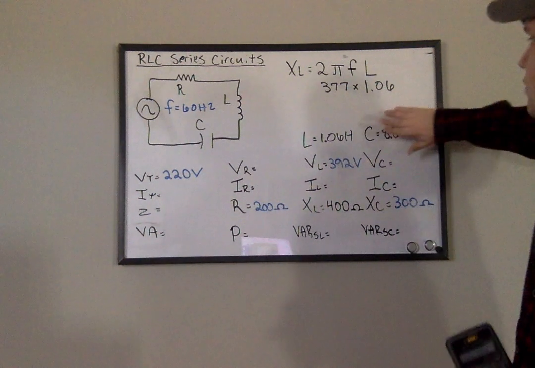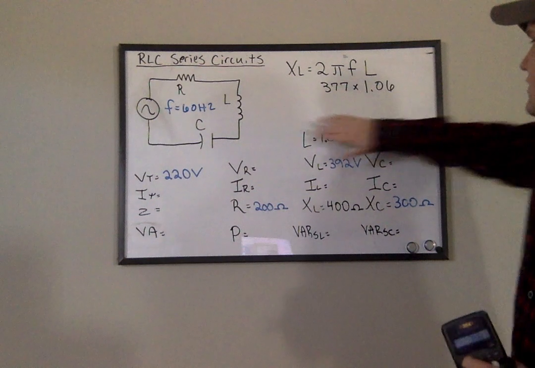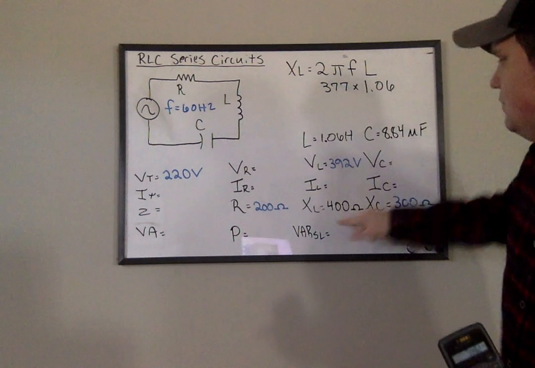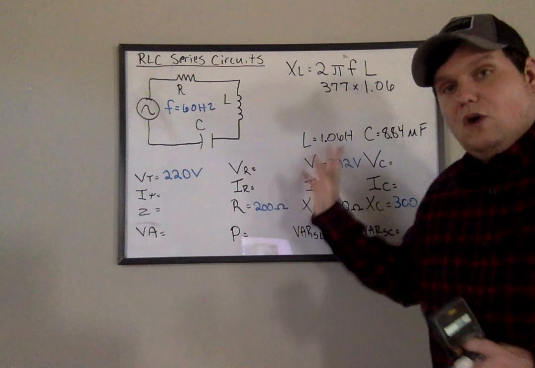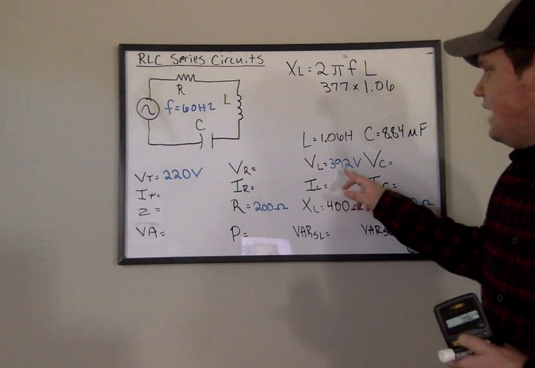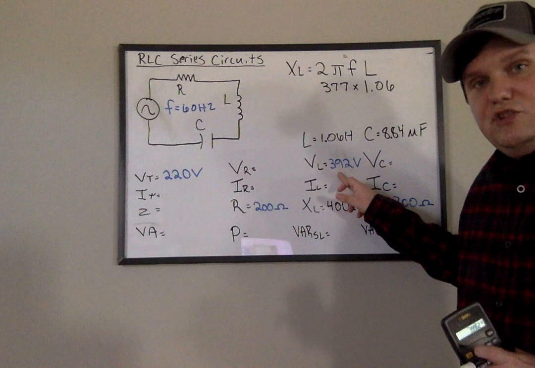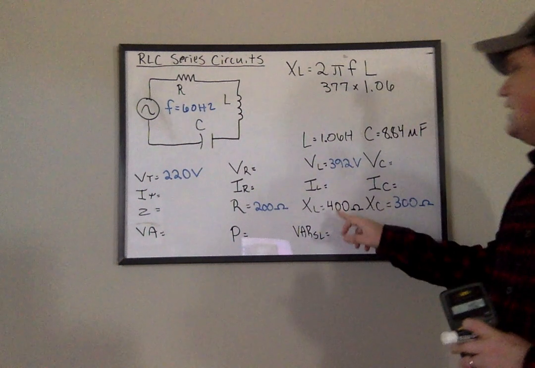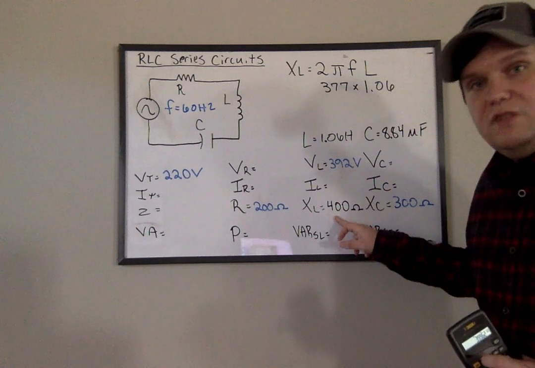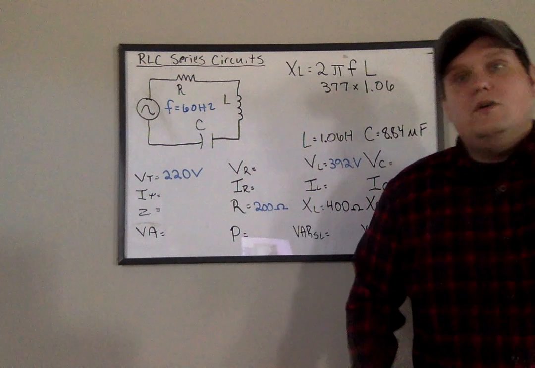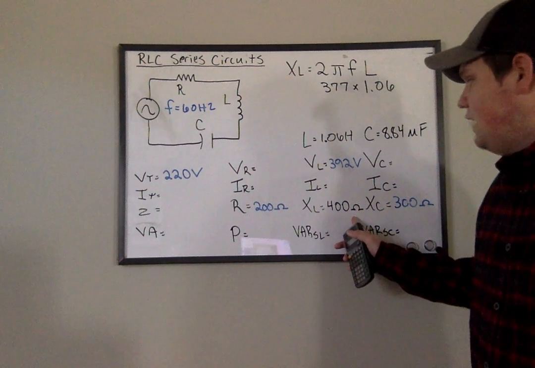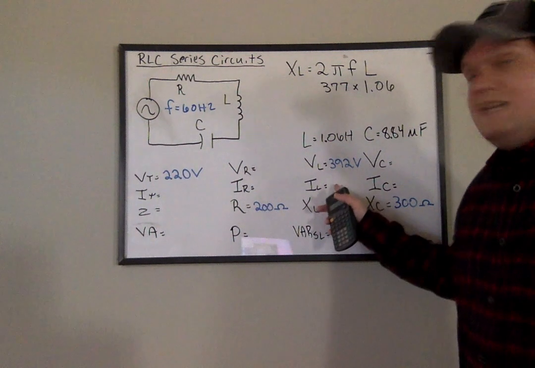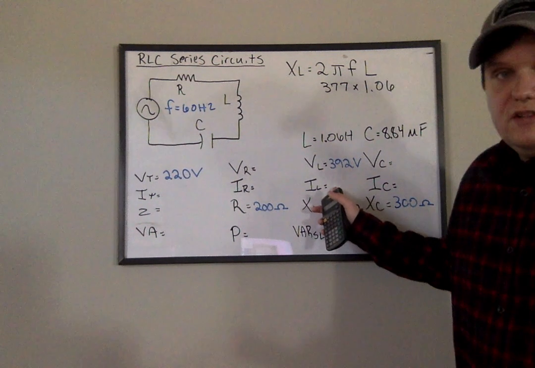Do I have two values here? Yes. Remember, we can ignore the L and C. They're not good for anything but to figure out these two things. But across the inductor, I know that I have 392 volts and I have 400 ohms of inductive reactance. So if I have a voltage value and I have an ohm value, I can now find current.